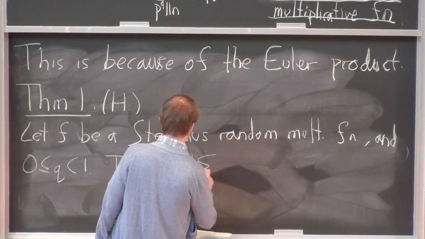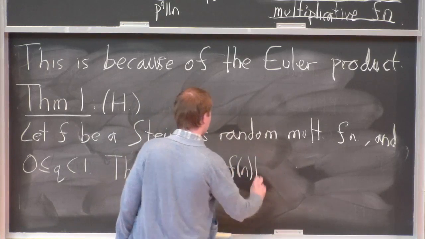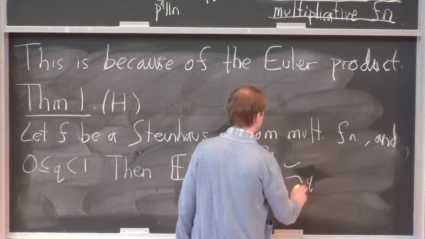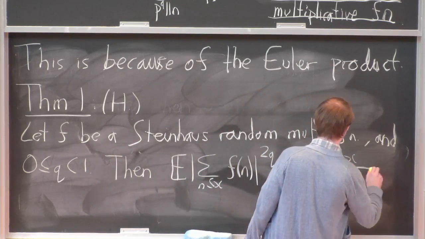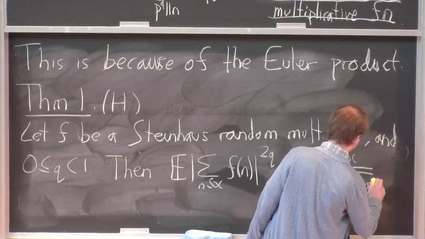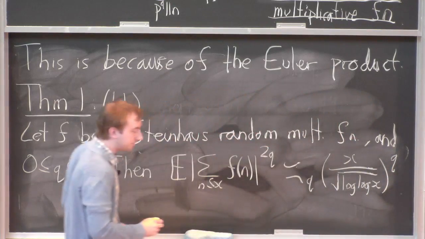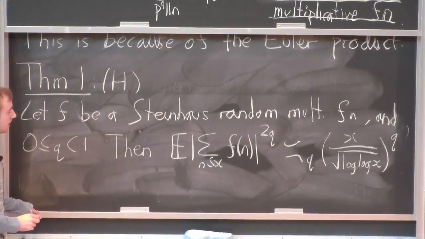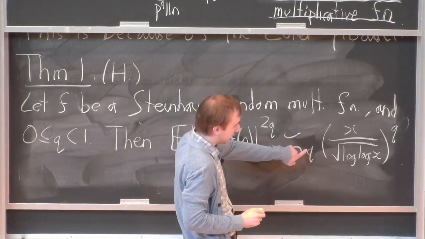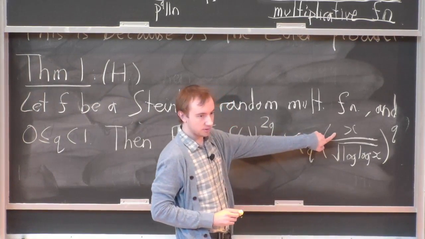Then the 2qth moment here is of the order of magnitude, depending on q, of x over square root log x, to the q. So this means it's at most some constant depending on q times this, and at least some other constant depending on q times this quantity.